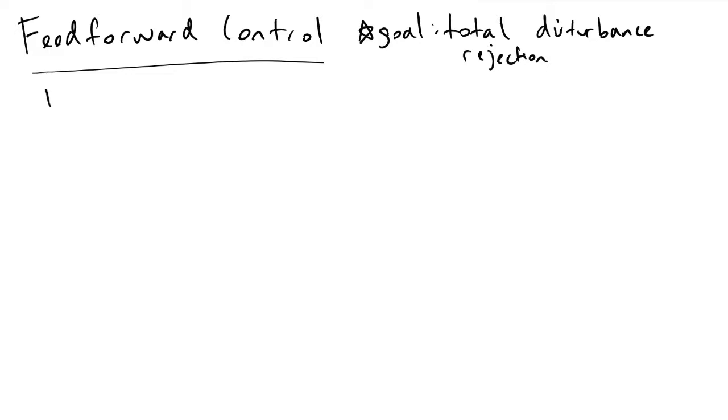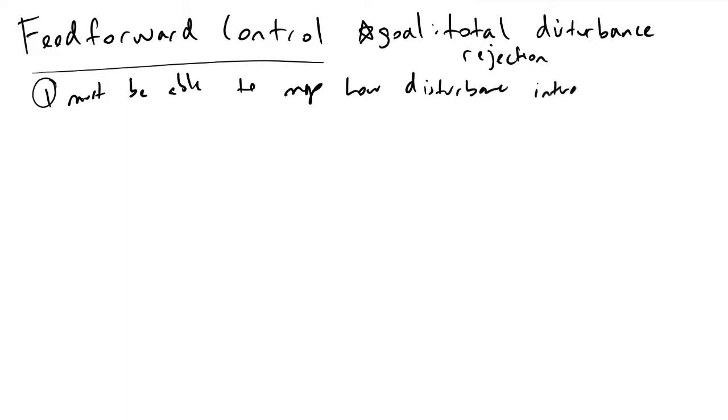And the first thing is we must be able to map how a disturbance interacts with an output. And the output in this case will be our controlled variable of interest.